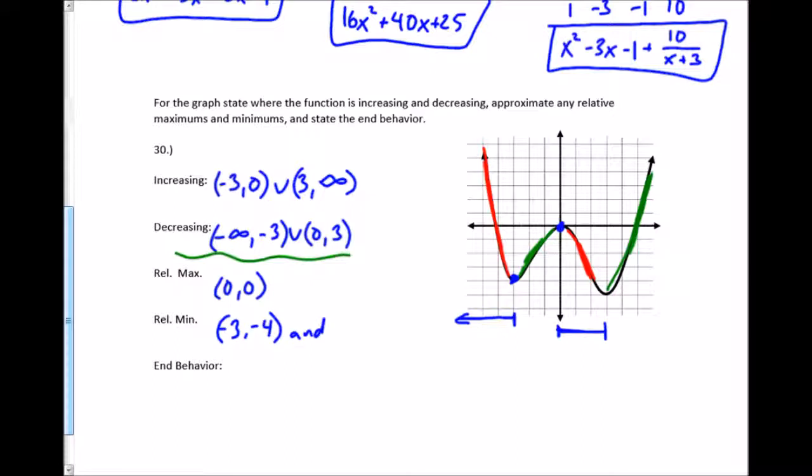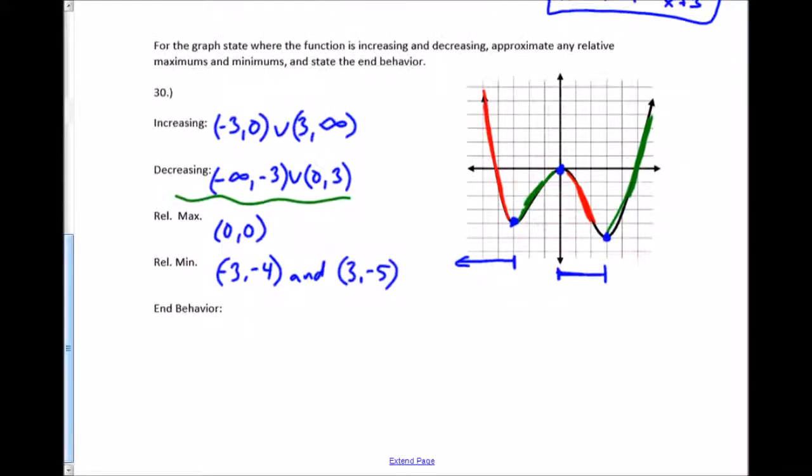I've got a relative minimum here as well at 3, negative 5. And it's okay to have more than one relative maximum or more than one relative minimum. They're just maximums or minimums relative to the points around them. Okay? End behavior, I'm always looking as x goes to negative infinity, and then as x goes to positive infinity.